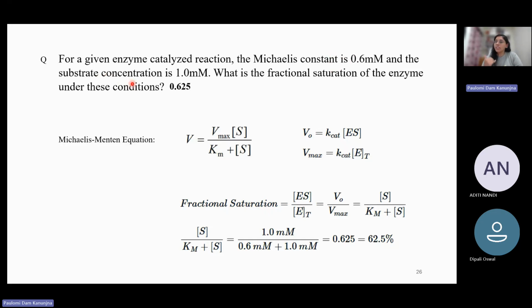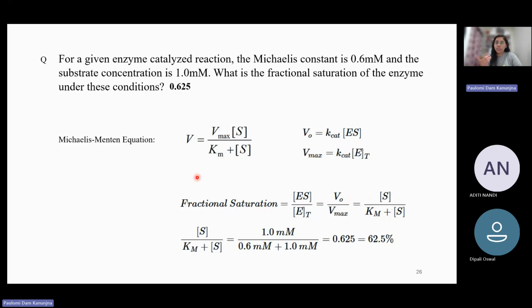What I need to know is the fractional saturation, how much of the enzyme has been used. So I'm supposed to find the enzyme substrate complex as compared to the ET, which is basically V naught as compared to the Vmax that can possibly be reached. So when I substitute these values, I get S by Km plus S.